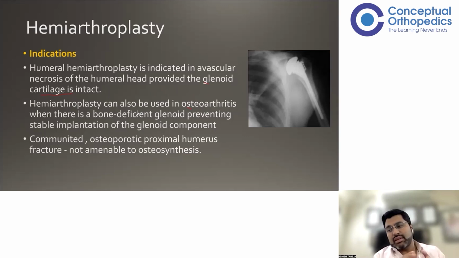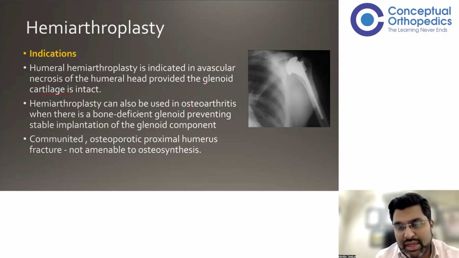So you have to understand the three main indications for a hemi-arthroplasty: one, a bad trauma of proximal humerus, which is not amenable to fixation; two, AVN of humeral head, in which glenoid is still intact; and three, as a salvage operation in which the glenoid cannot be reconstructed. So these three are the main indications for hemi-arthroplasty. Whenever you have a case like that, be sure that you offer options as per the indications.